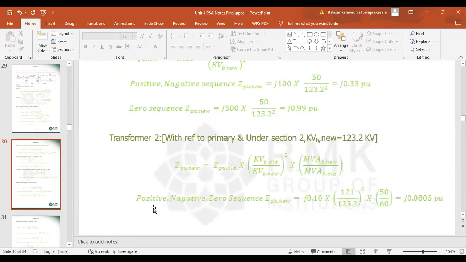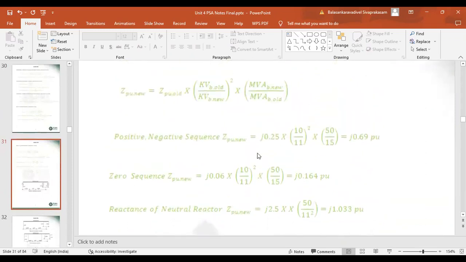For transformer, XT1 is equal to XT2, which is equal to XT0. So all the sequence reactances are the same, and we can calculate the reactance value by using the same formula. The answer is j0.0805 per unit.